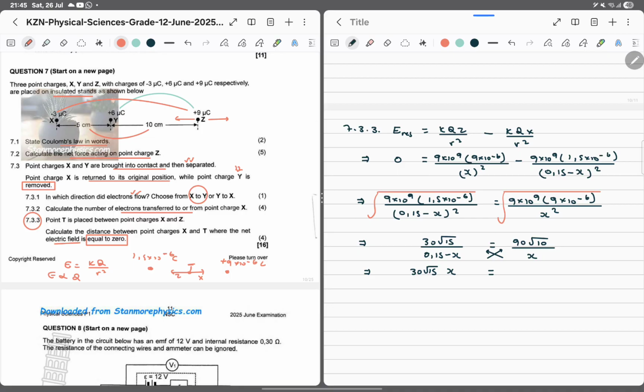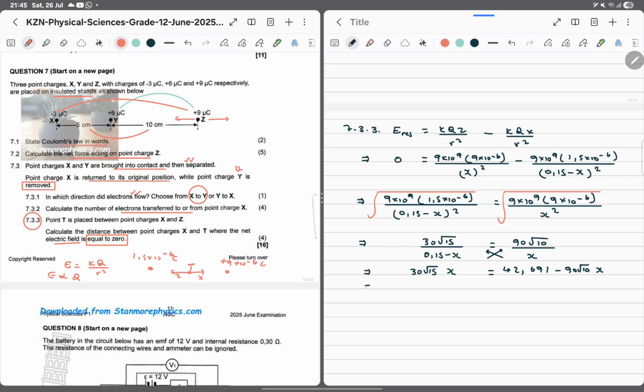So I will have to round off. So this gives me 42,691 minus 90 root 10 x.